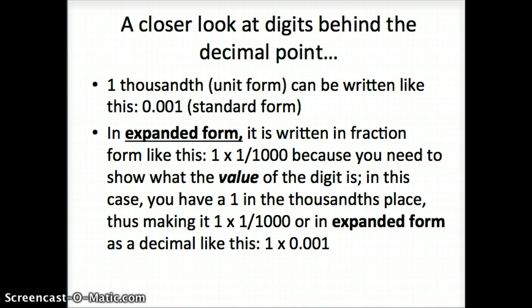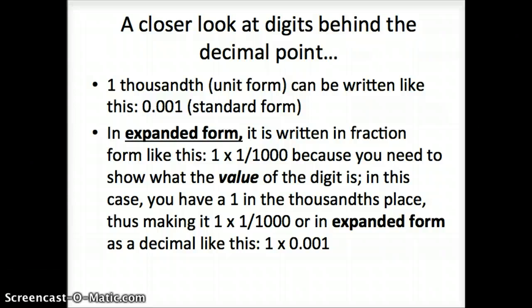Here's a closer look at digits behind the decimal point. 1 thousandth, which is unit form, can be written like this, 0.001, which is standard form. We have a 1 in the thousandths place. In expanded form, it is written in fraction form like this, 1 times 1/1,000, because you need to show what the value of the digit is.